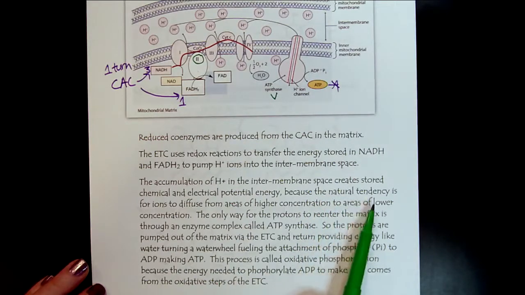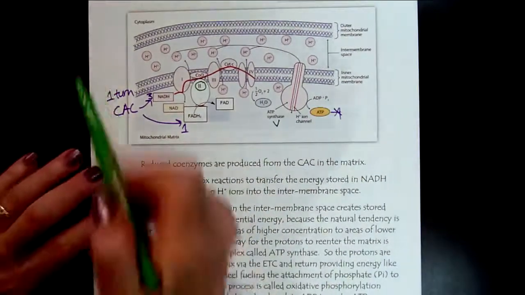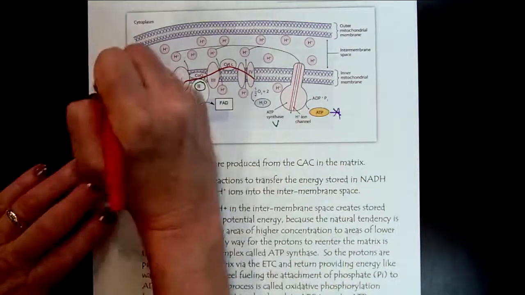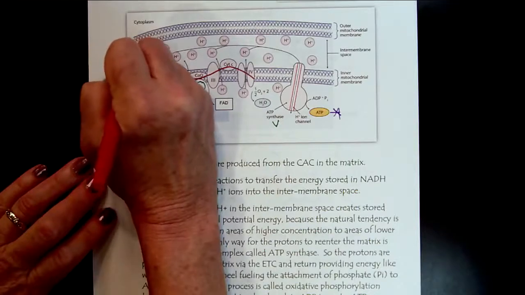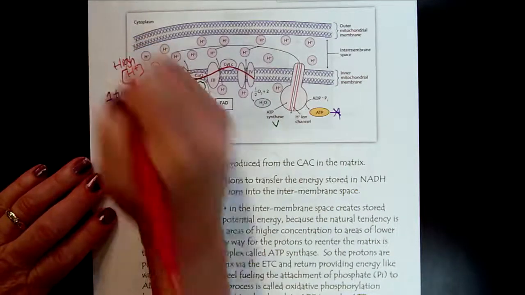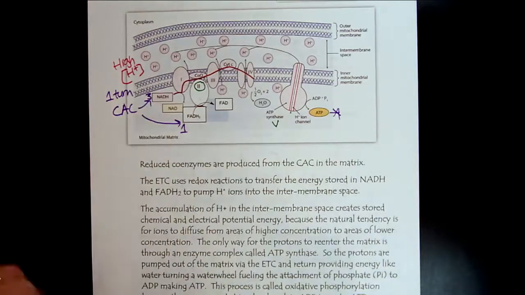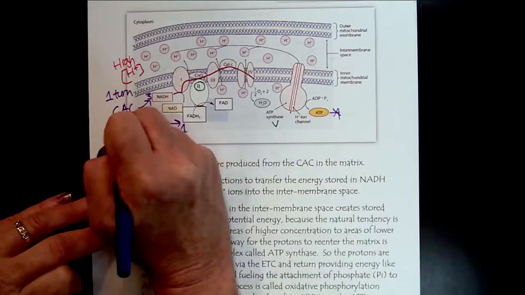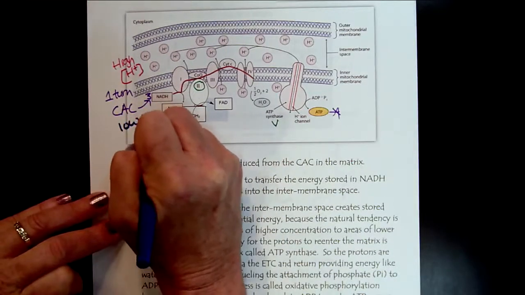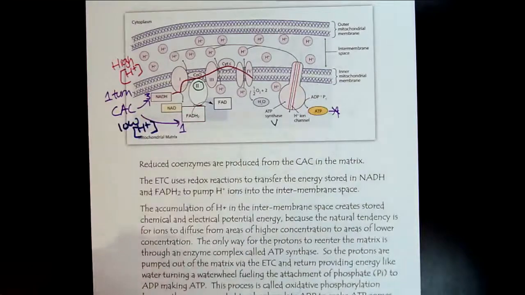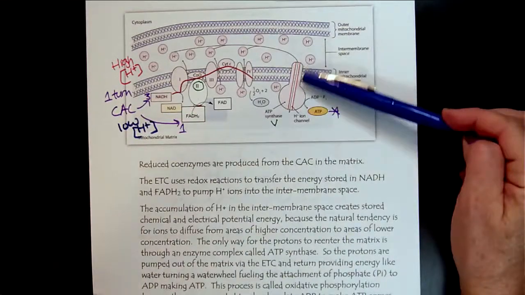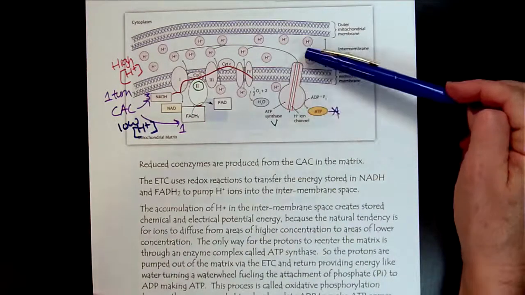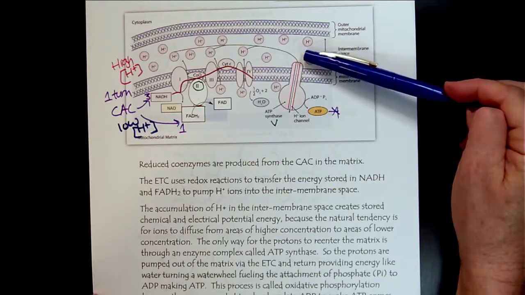There's that natural tendency for ions to diffuse from areas of high concentration to low concentration. So here we have our high H plus concentration, and down here in the matrix we have a low H plus concentration.